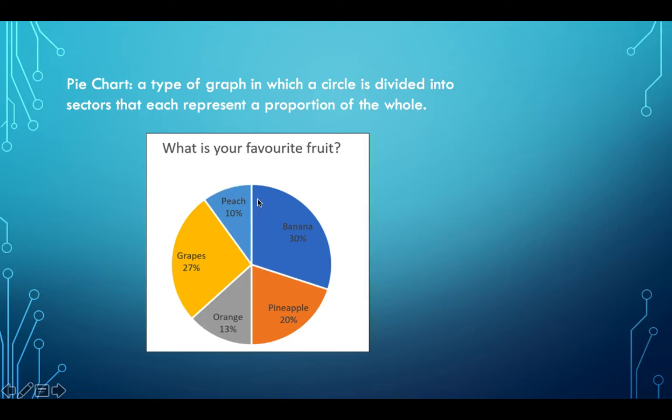Well, 30% prefer bananas, and so 30% of the pie belongs to this banana sector. Okay, and so 3 times more people like bananas over peaches, and so the bigger the amount, the bigger piece of the pie that section gets, basically.